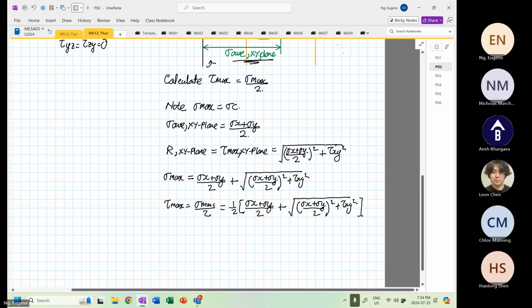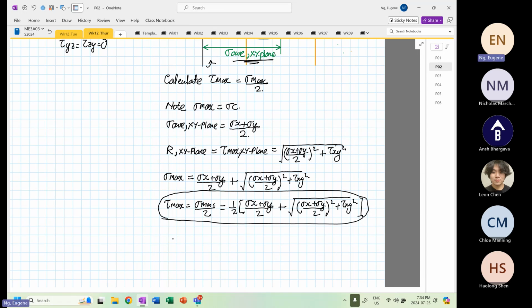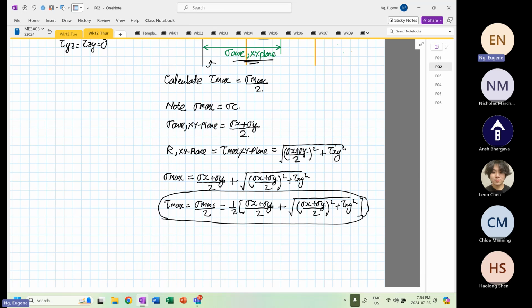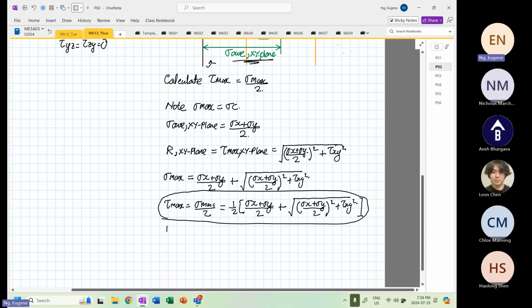Okay. So this condition, right, this condition over here, right, is true when stress X, okay, so this is valid, like what I said before, when stress X is greater than stress Y, both are positive.